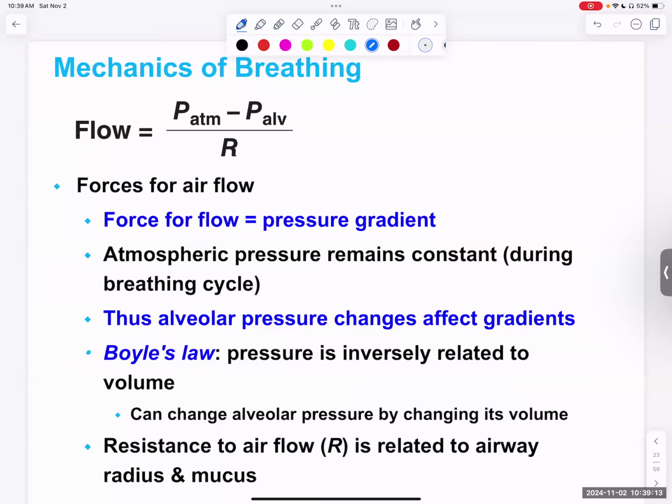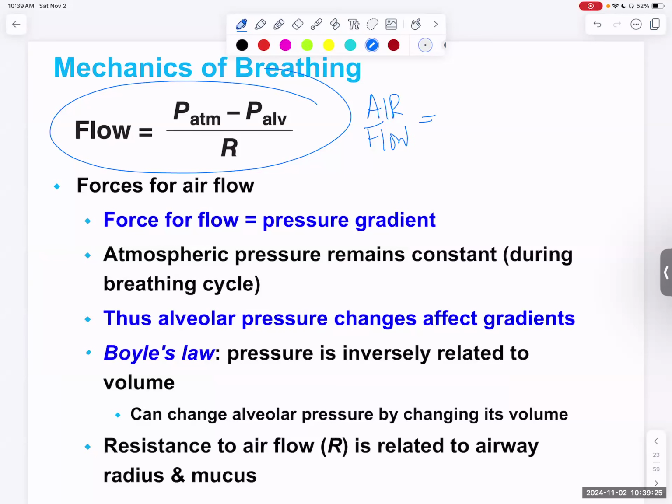All right, so last concept is mechanics of breathing. And like cardiac output, we have the same formula, which is airflow, a movement of air, a volume of air moving, and it's the difference in pressure, in this case between atmosphere and intraalveolar, divided by the resistance to that airflow.